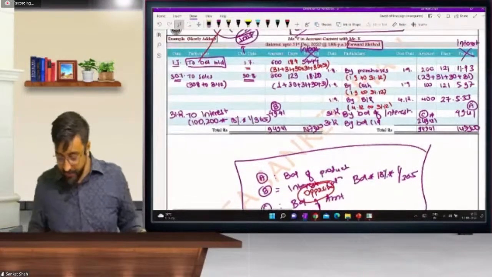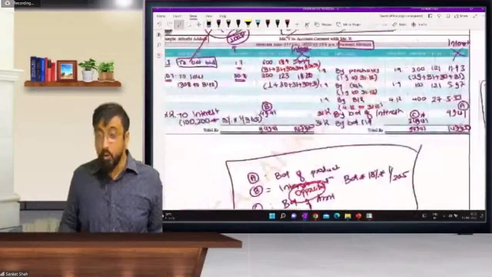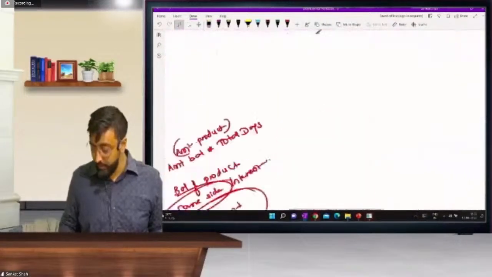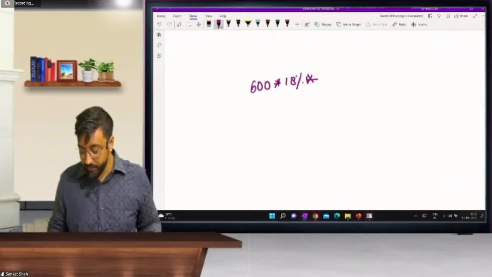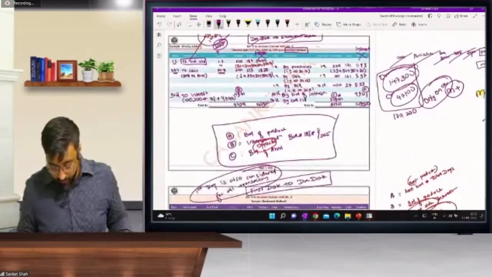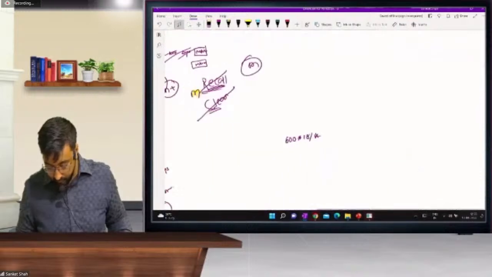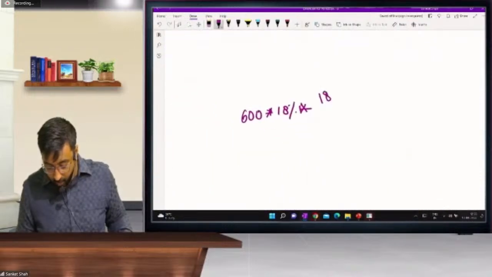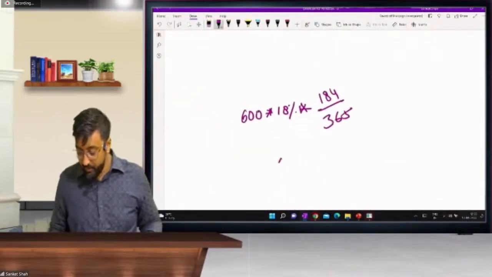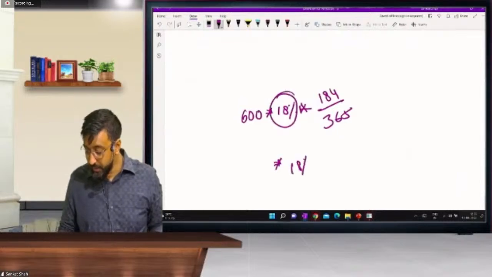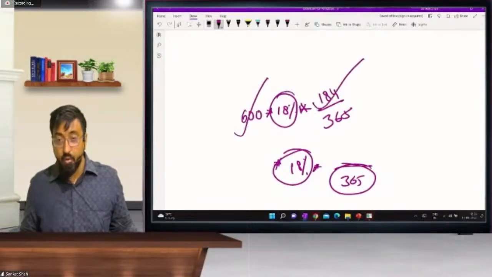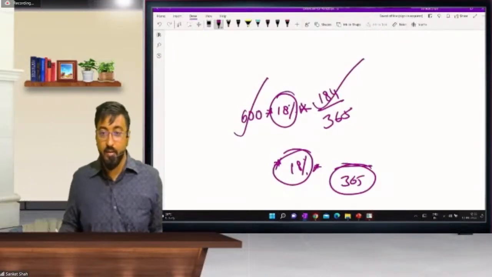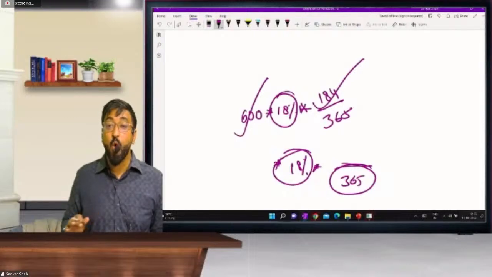And see, now I will tell you the logic of interest method and product method. 600 into 18% into 184 divided by 365. So 18% and divided by 365, you are getting the same answer. So only product method, 18% and 365 is common.